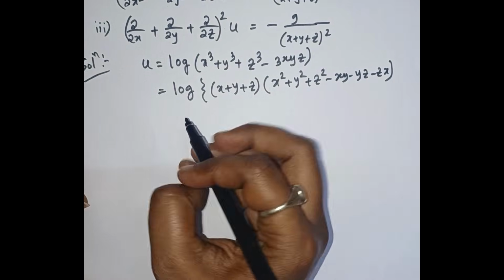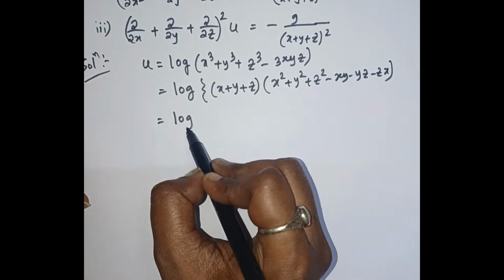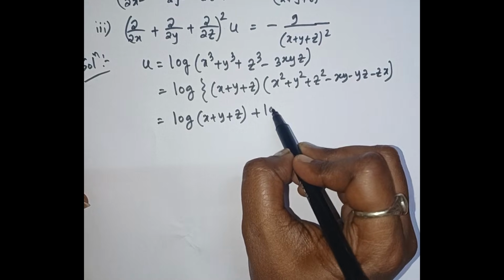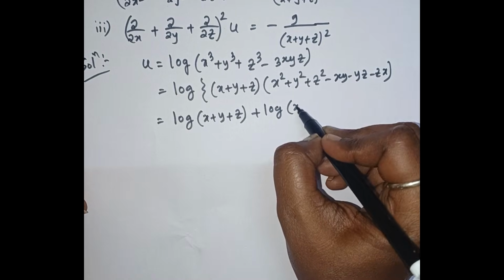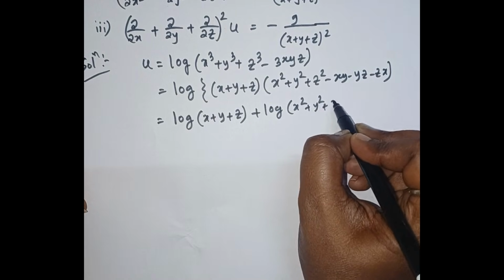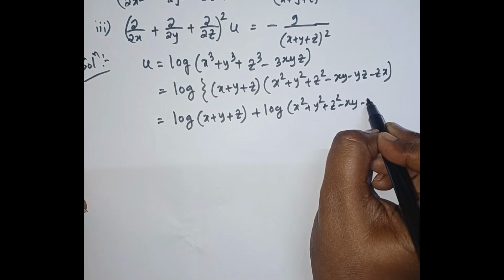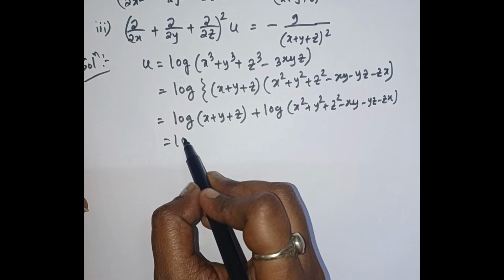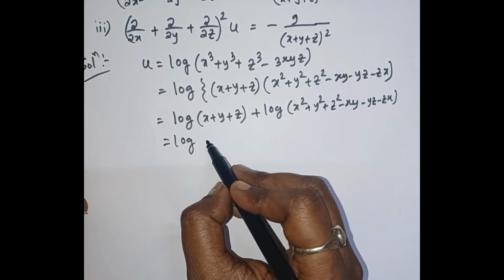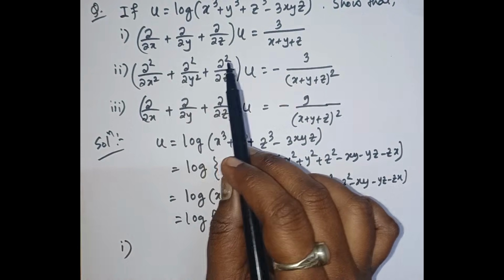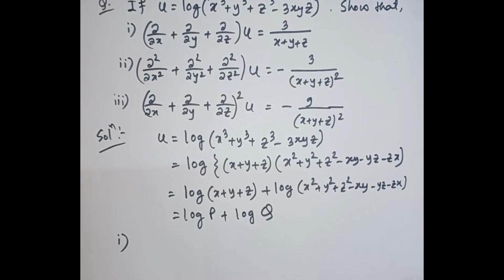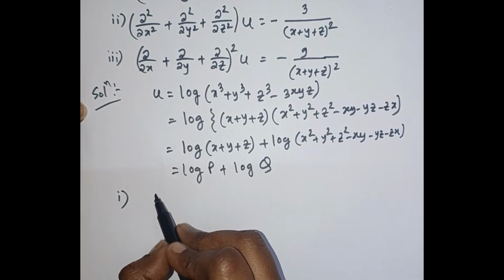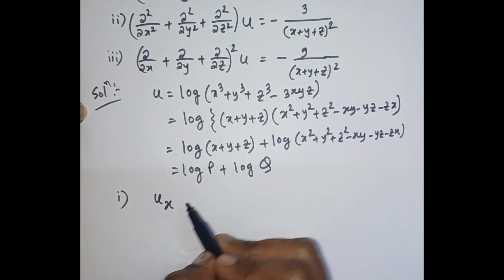Then by using the logarithmic formula, log of ab equals log a plus log b, we can write log of x plus y plus z plus log of x square plus y square plus z square minus xy minus yz minus zx, which is equal to log of p plus log of q, where p is x plus y plus z and q is x square plus y square plus z square minus xy minus yz minus zx.